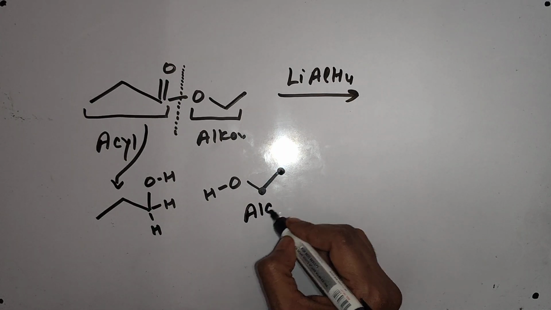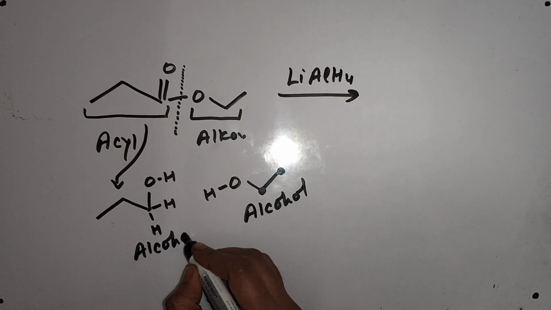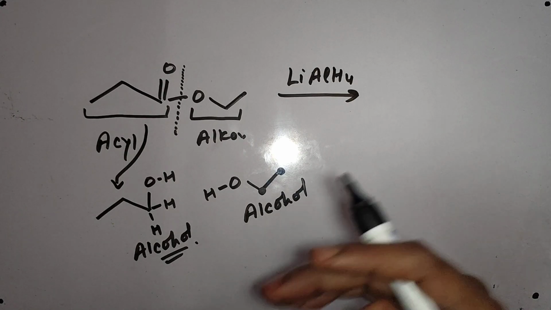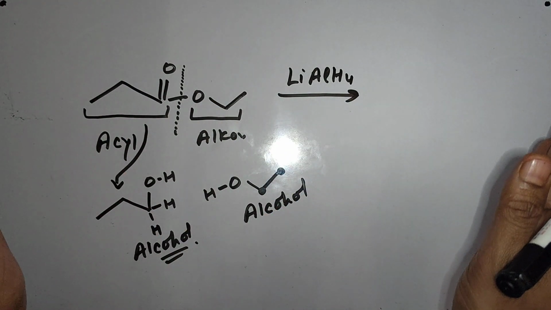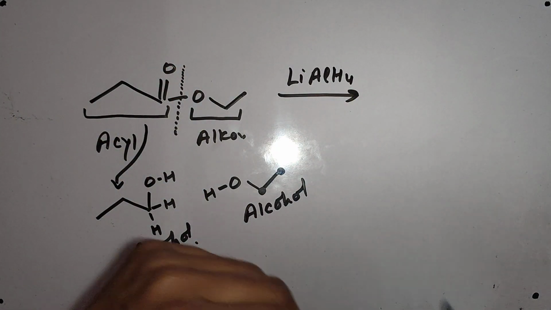This is another alcohol. Two alcohols will generate out here like this. In this fashion, directly you can solve the reaction. Just break alkoxy and acyl part separately and reduce them separately.